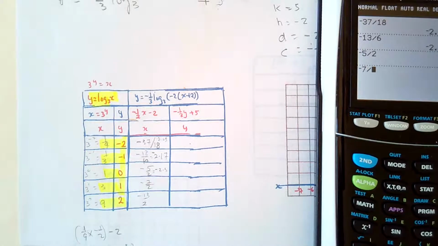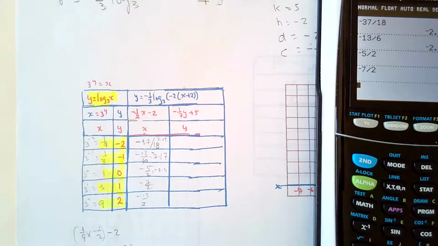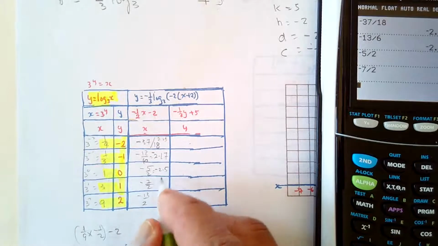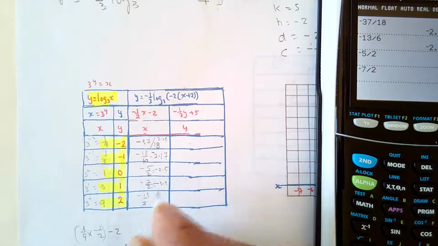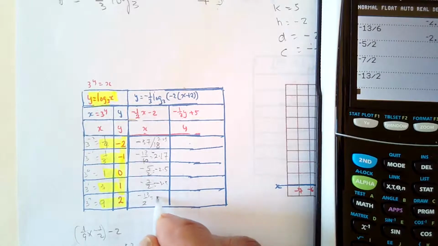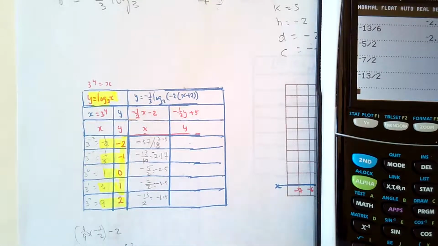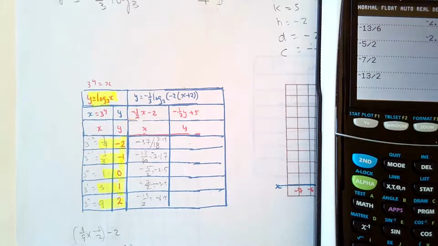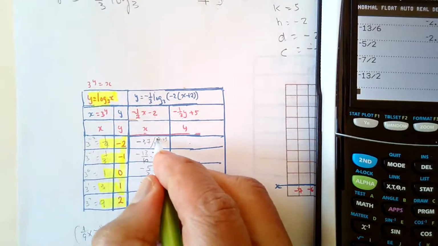Negative 7 divided by 2 is negative 3.5. And negative 13 divided by 2 will give me negative 6.5. So this will be my x values.